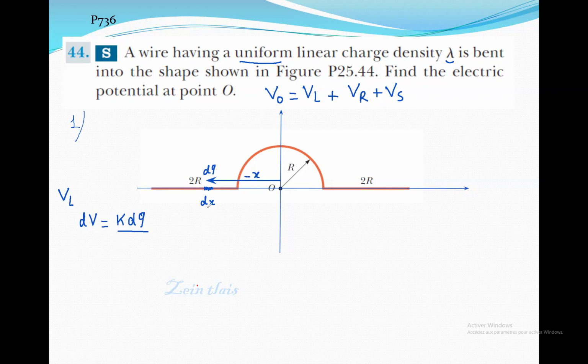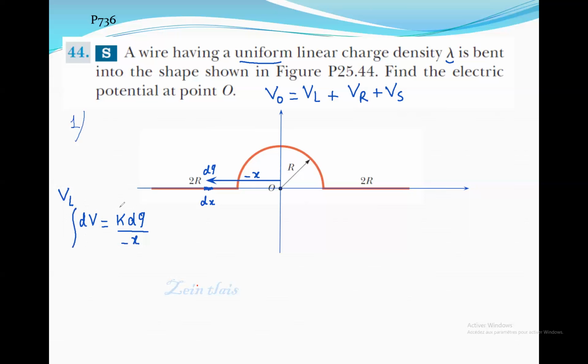The distance between dq and the origin equals to minus x. You see here, in the case of a continuous object like this one, you need to take the negative position and the positive position. You cannot take only the absolute value. Here we have minus x.